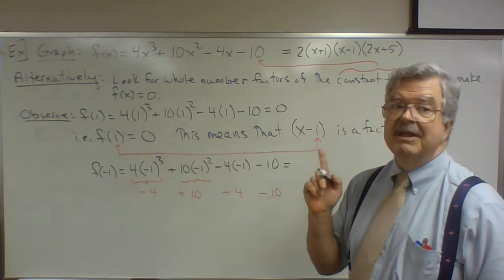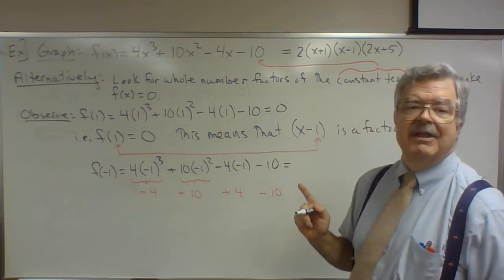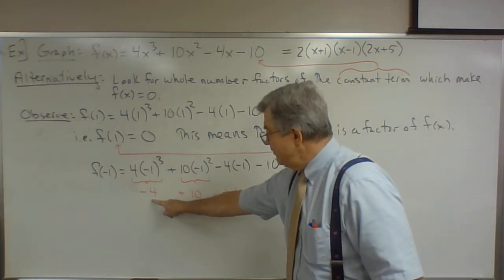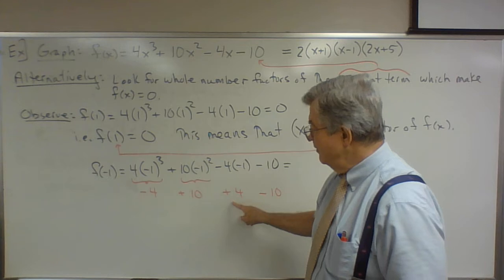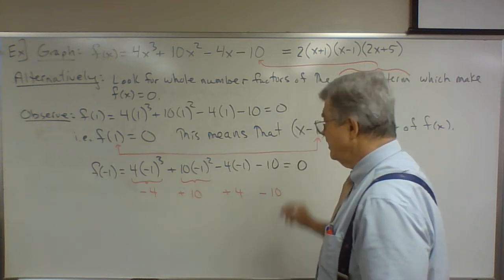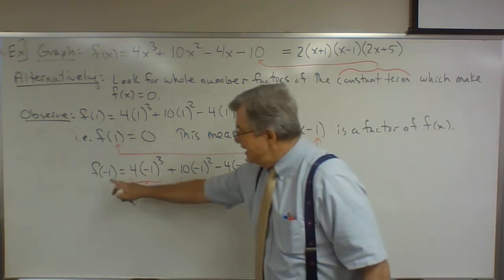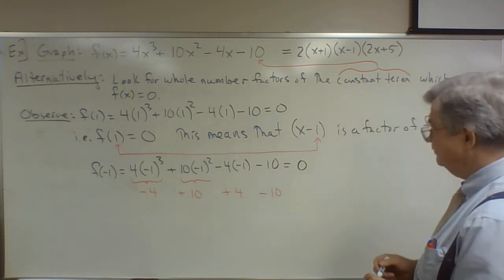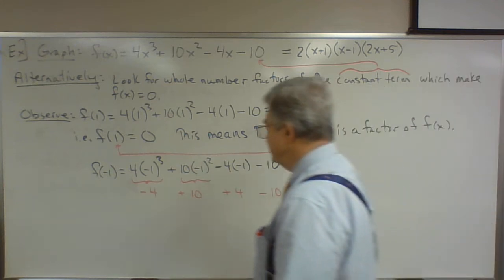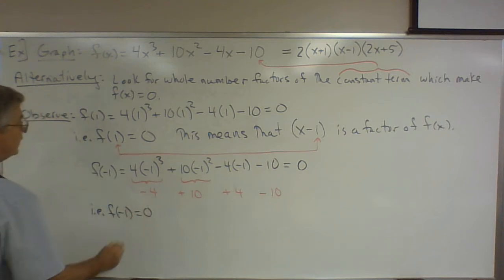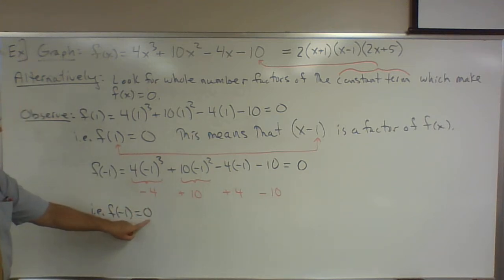Son of a gun, you know, we are lucky today. We usually don't get this lucky this quickly. We hit the jackpot again. We have -4 plus 4 is 0, plus 10 minus 10 is 0. If I plug -1 into the function, I get 0. F evaluated at -1 is 0.